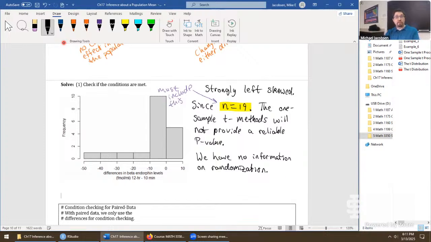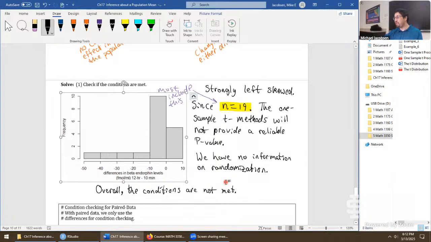And now we should give an overall conclusion of our assessment on conditions. I would say here, overall, the conditions are not met. This puts us in a weird position, right?